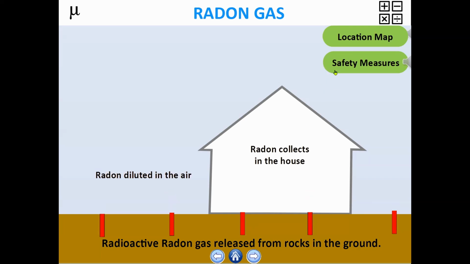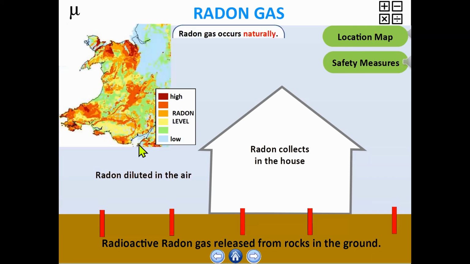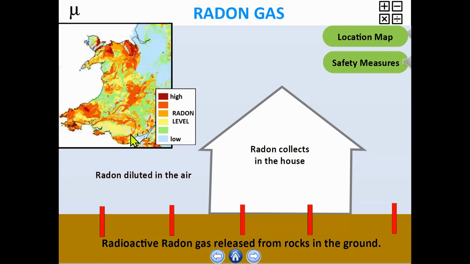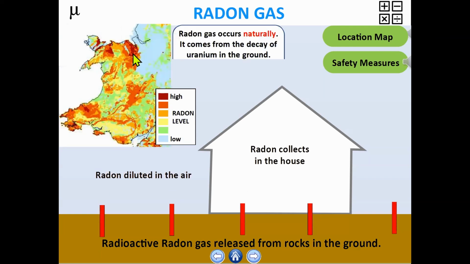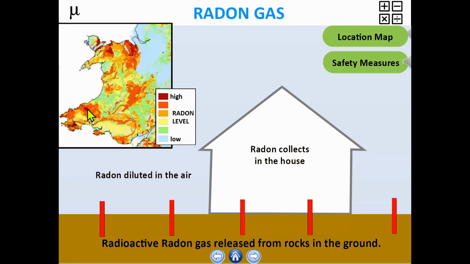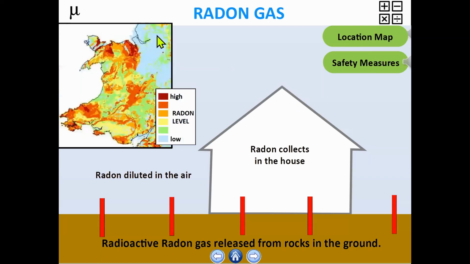And if we have a look at the location map, you can see here that South Wales, in fact, so North Wales is high levels over here as well, low in sort of England.